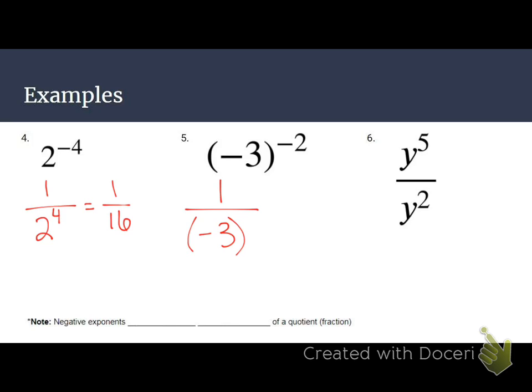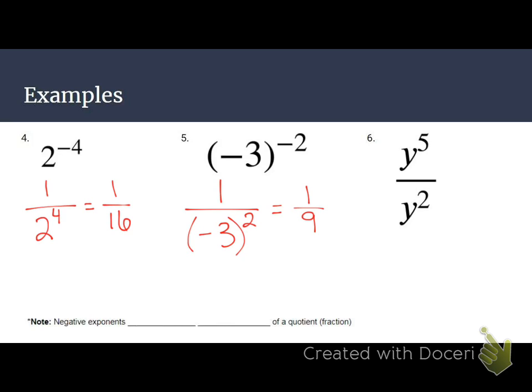But our exponent sign is going to change to become positive when we move it. So this becomes 1 over. Now, -3 squared is going to be what? Positive 9. We end up with a negative times a negative, or a negative raised to an even power, so our answer is positive.